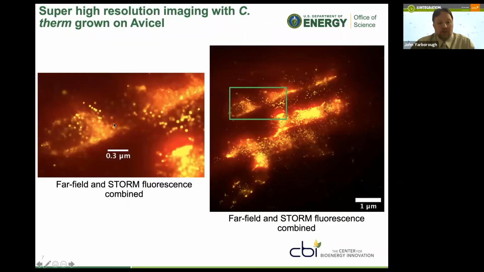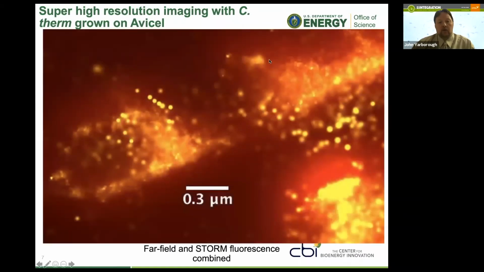We are going beyond the diffraction barrier of light. And if we look closely here, you have an actual bacterial cell wall, and you can start seeing these small circular spheres. Those are actual fluorescent events that we are associating with the CBM3 and the Alexa Fluor tagged cellulosome.